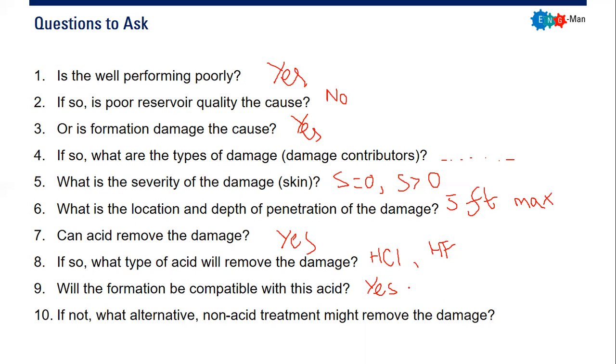So if mechanical removal or any other type of removal that is cheaper than acidizing can do the job, then you should do that before performing acidizing. But if acidizing is the only hope you have, then just like number 9, just perform the acid and then overflush. Okay, so yeah, you can answer this as explained.